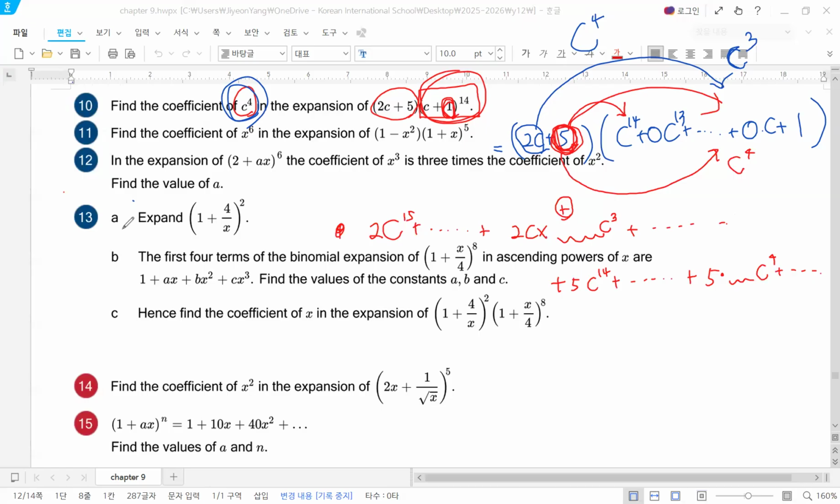Then you can find two terms which represent c to the power of 4, here and here, and what you need to do is just add up these two terms. Please keep this in your mind and let's do it.